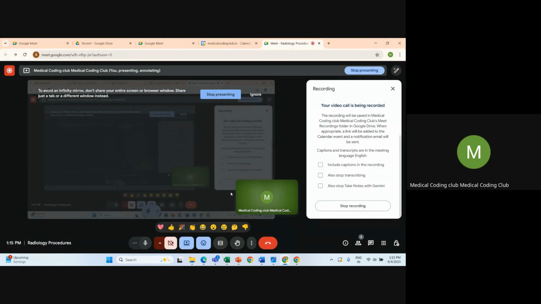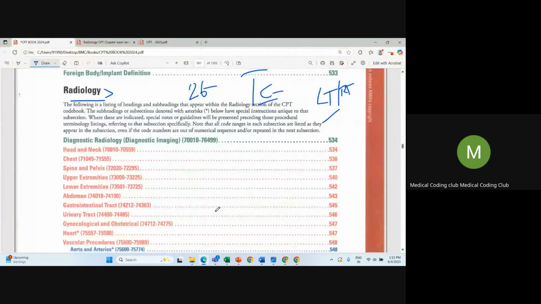If they mention bladder or uterus, and the left side of the bladder is examined, you cannot give the LT modifier for that. But if they mention the left hand is examined, or an X-ray on the right hand, left leg, right leg, in this case you can give RT and LT modifiers according to the laterality.